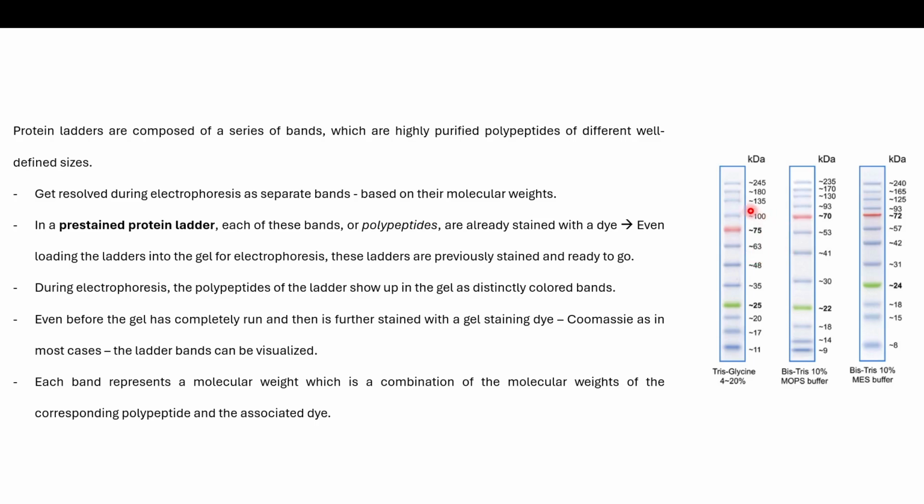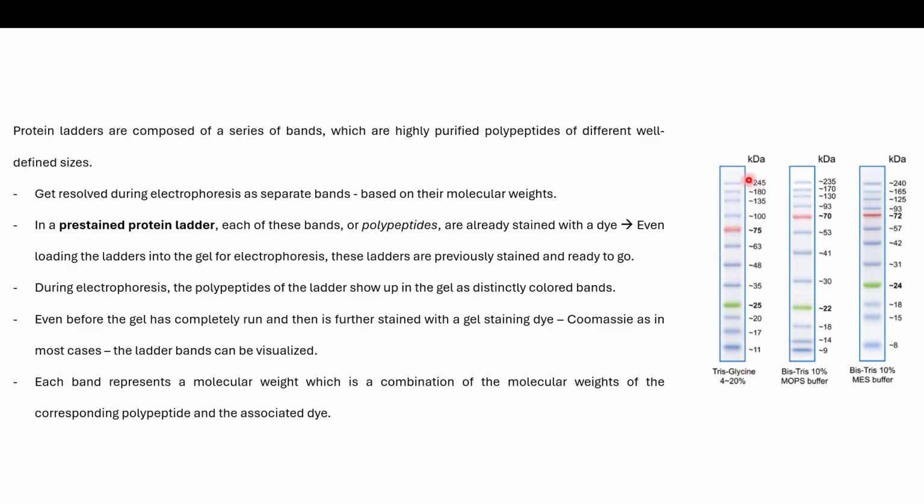It will also give an idea of how long you should be running the gel. Suppose you know that your protein has a molecular weight of 50 kilodalton. So you would be expecting to see your band at this particular point.